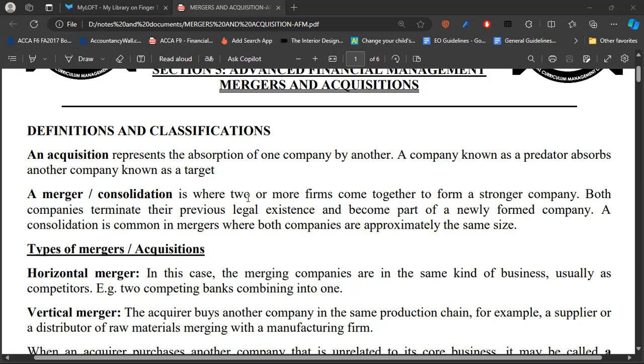The terms mergers and acquisition are not new things to you. So we see a company known as the Predator absorbing another company known as the Target. It is a concept whereby you purchase a company that is in existence.